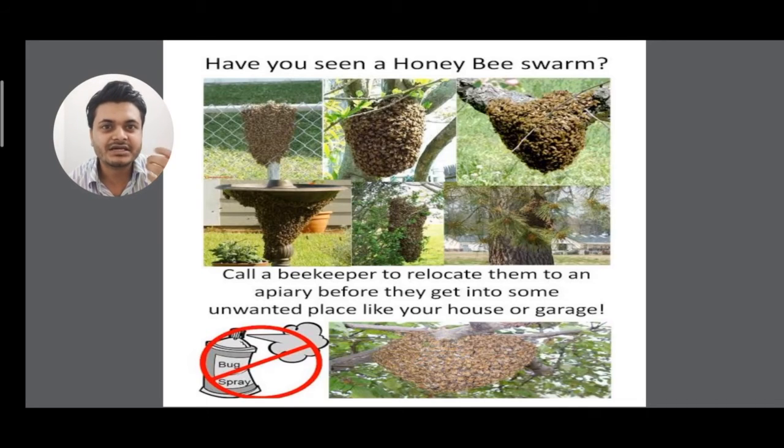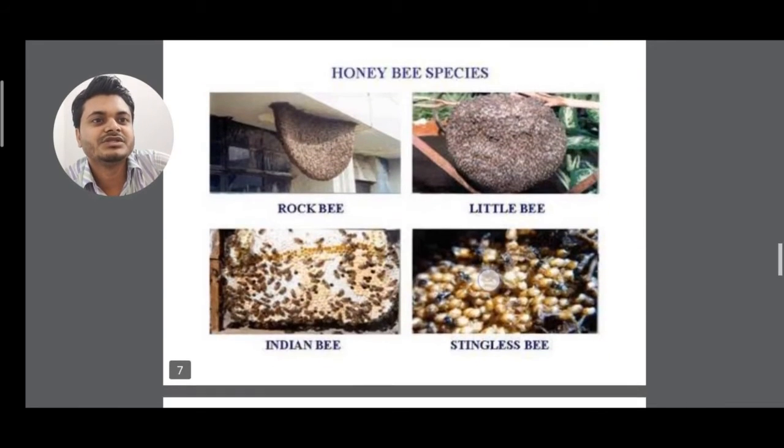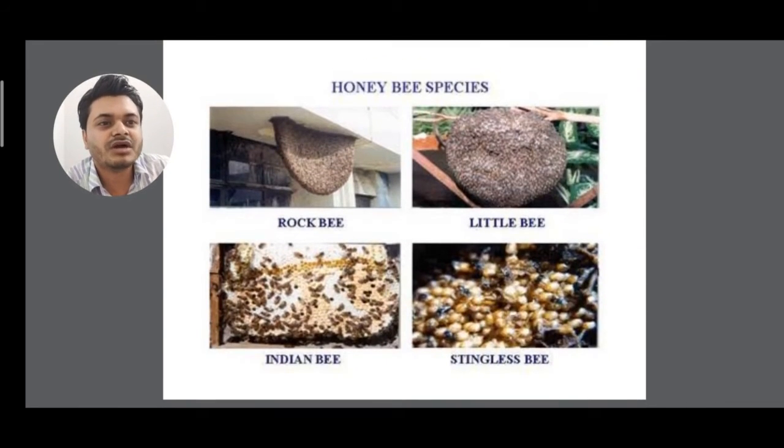Under workers there are nurse bees, field bees, foraging bees. One queen is there. Queens are females, drones are males. So these are honeybee species: rock bee, little bee, Indian bee, and stingless bee. So good pictures I have given.